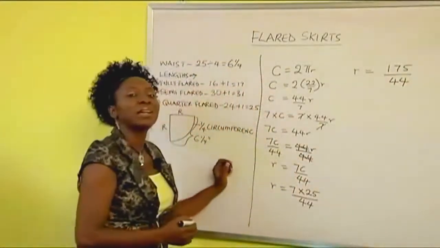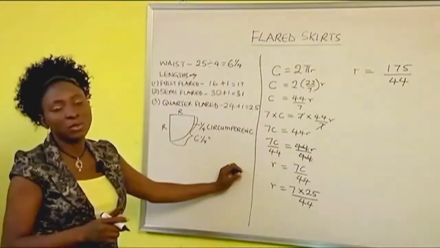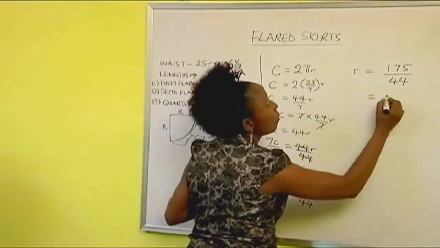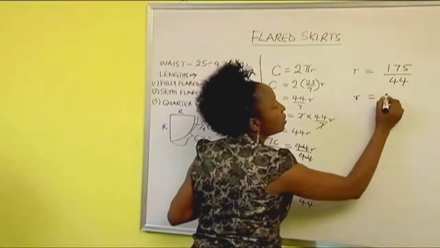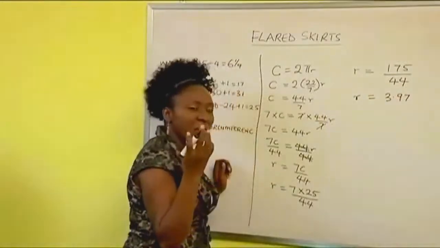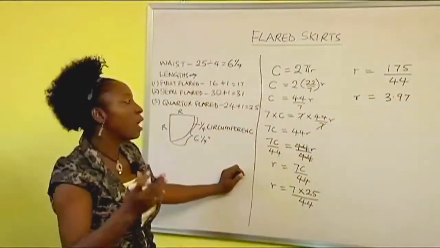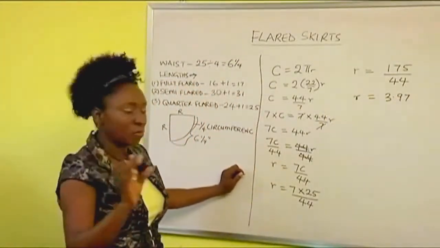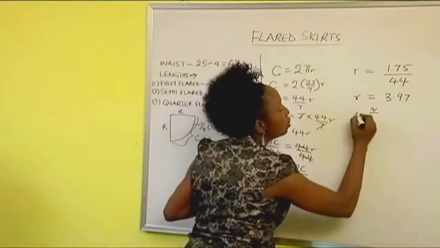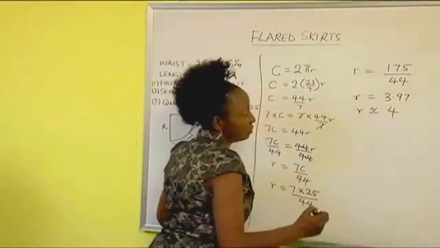Now just take a minute and try and calculate that with your calculator or with your phone. And r will give us 3.97. You can see it's very, very close to 4. So I'm going to just approximate it to 4 inches.